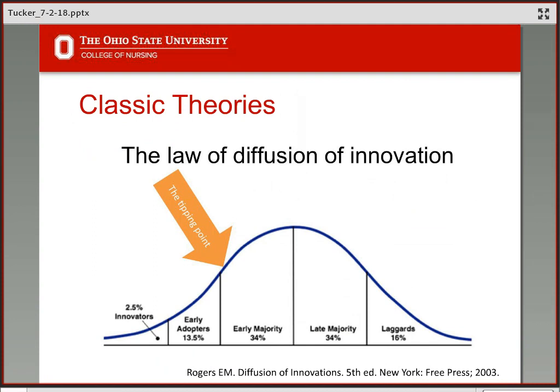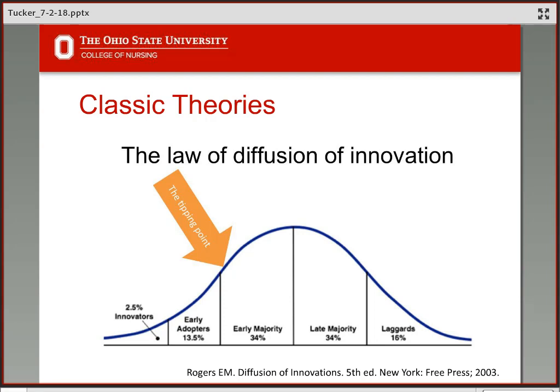Then, as Nilsson identified in his paper, there are also classic theories like the law of diffusion of innovation, which is Everett Rogers' model. And this grew out of agriculture, and actually Everett Rogers was in Iowa as well. But what's nice about his model, and how it's been used ubiquitously across the world in many academic disciplines and outside of healthcare as well, is this notion that there's a tipping point.